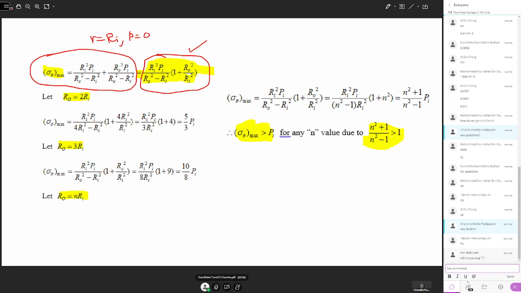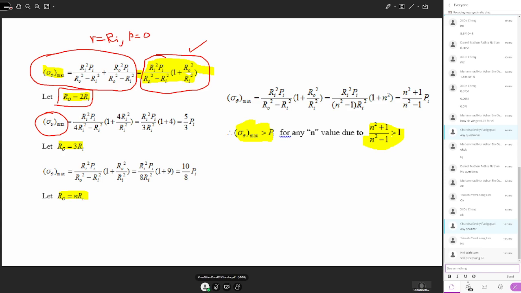Now what we do, we say outer radius is, let us say, 2 times inner radius. Then we calculate what will be the maximum tangential stress. So we replace Ro with 2 times Ri.